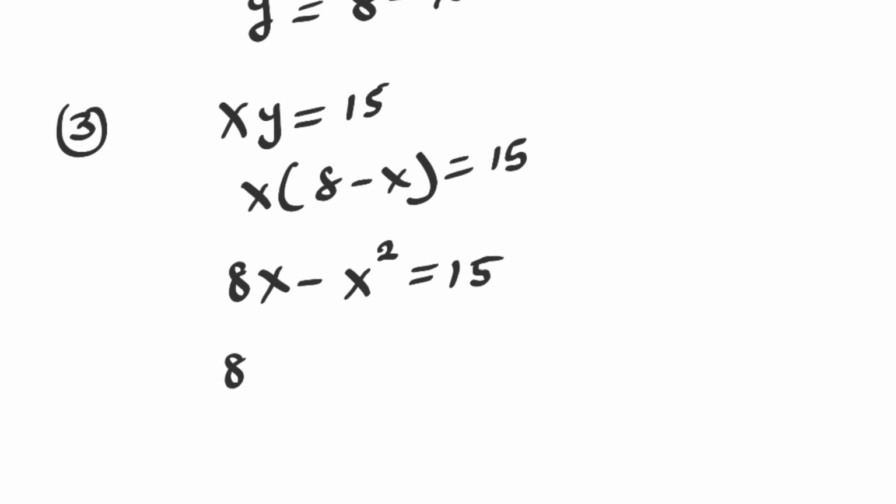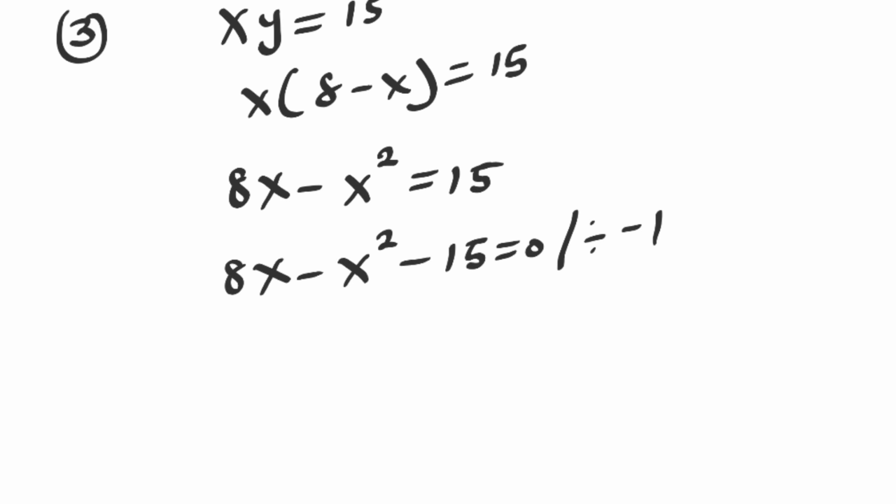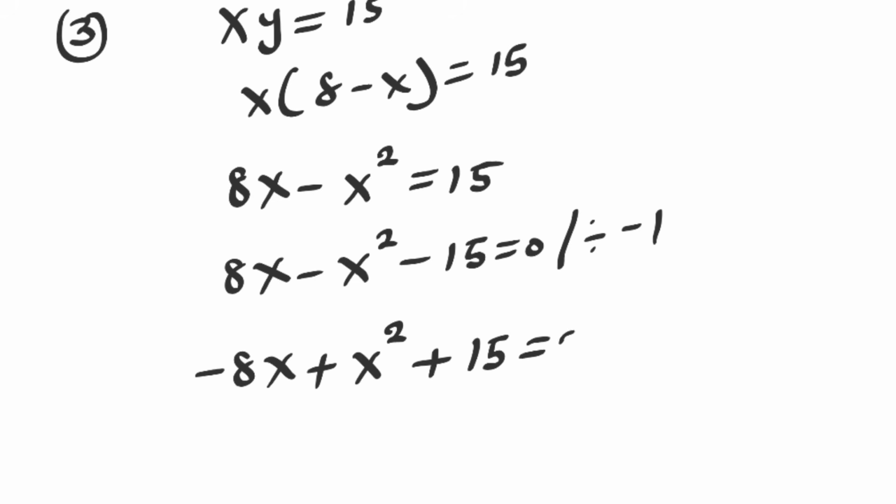Then this is 8x minus x square minus 15 is equal to 0. Let us divide the whole of this equation by minus 1. This will give minus 8x plus x square plus 15 is equal to 0.